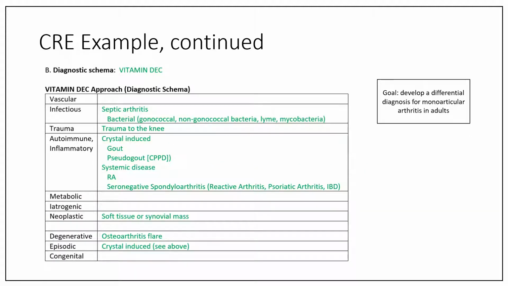Here we see the second element of clinical reasoning, diagnostic schema. So the chosen schema to investigate the goal of developing a differential for monoarticular arthritis is VITAMIN D. One comment to make on this slide is that we see not every category is filled out, and this is okay, because there's not always going to be a relevant diagnosis for each and every category.